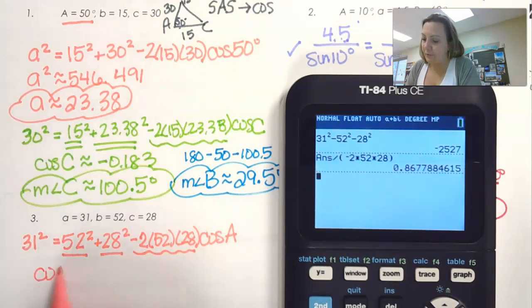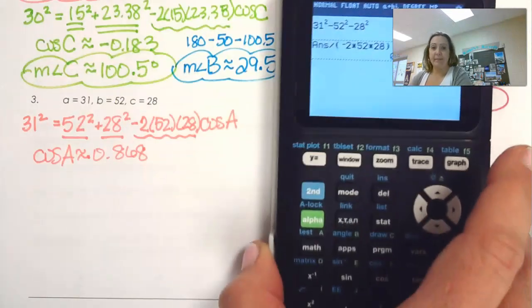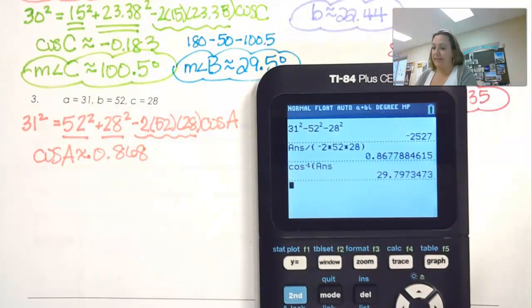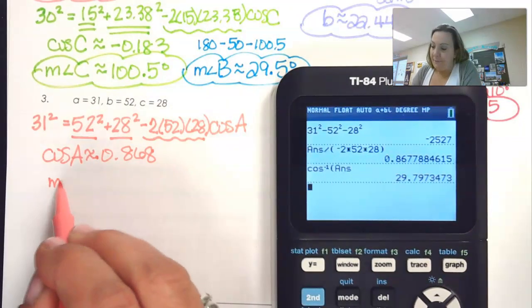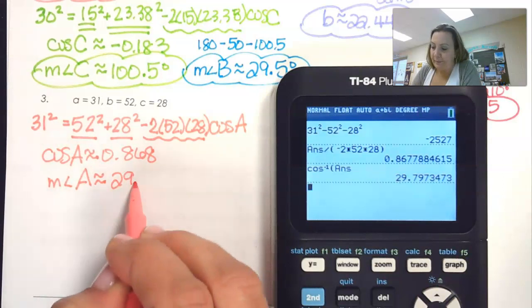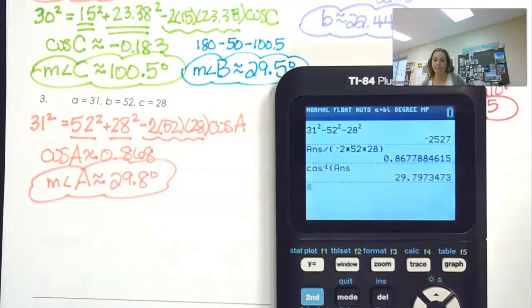And I see that the cosine of A is about 0.868. I'm not going to use 0.868. I'm going to use what's in my calculator, and I'm going to take the inverse cosine of that because I'm looking for the angle. And I find that the measure of angle A is about 29.8 degrees. Okay.